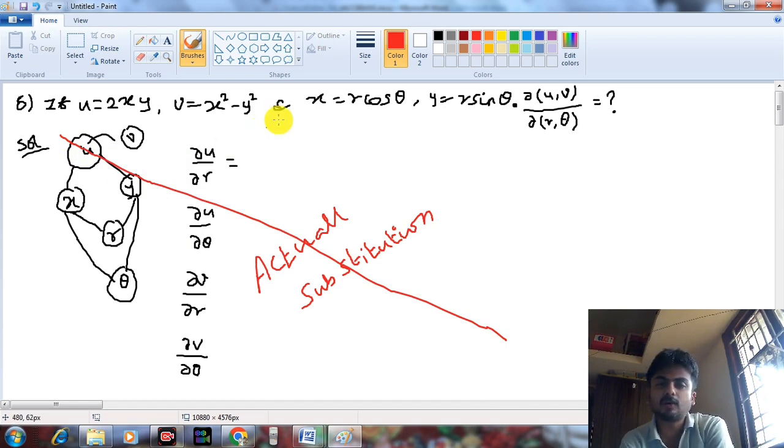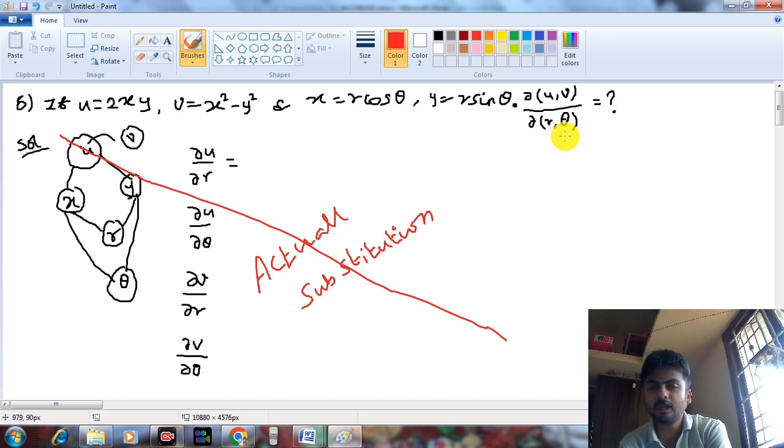Since they want us to find dou (u, v) divided by dou (r, theta) without actual substitution, we are not supposed to apply these formulas here. Second thing is where we can apply this: for verification of our answer we can use this.